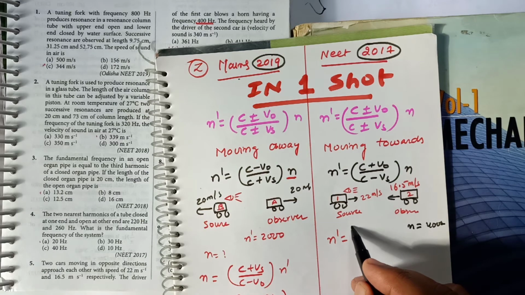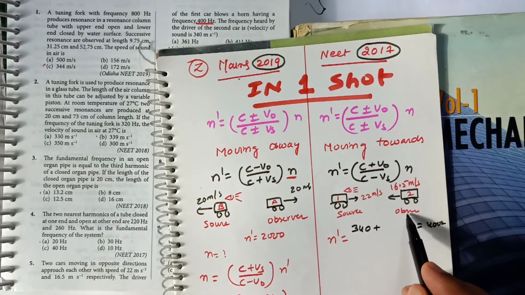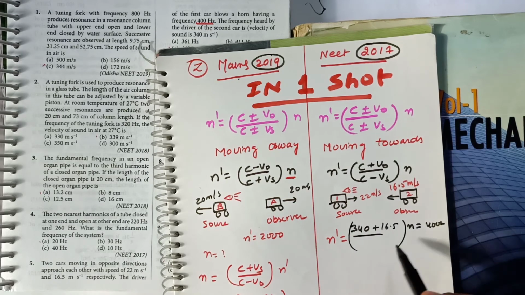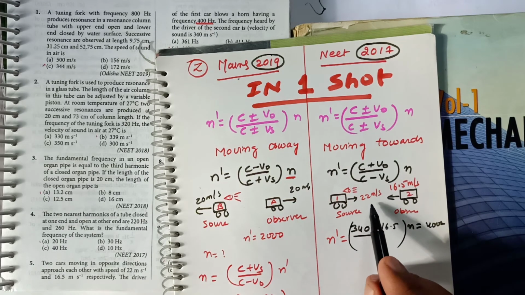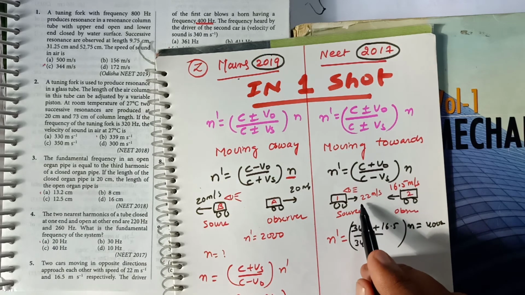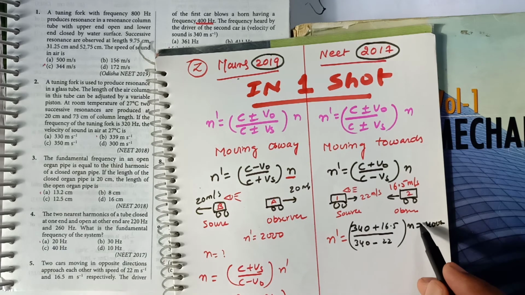C is how much here? C is 340 plus V naught. V naught is the observer, 16.5, divided by how much? It is going to be 340 minus Vs, and Vs is the source, which can be written as 22 here, which is equal to the actual frequency given here.